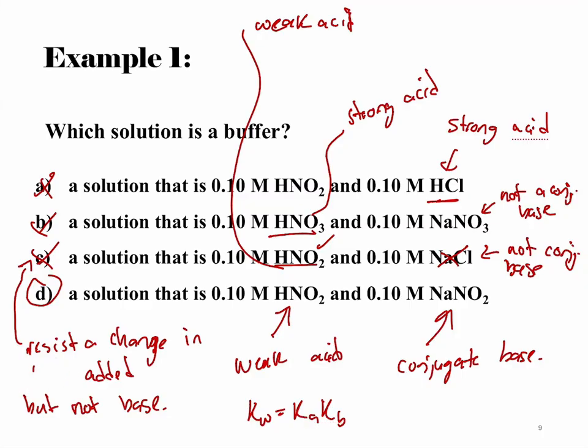Because the weak acid is there to donate a proton to hydroxide, but the weak base is not there to accept a proton from H3O plus if acid is added. All right, so we can identify buffer solutions just based off of the weak acid and its conjugate base, or the weak base and its conjugate acid, that we add.